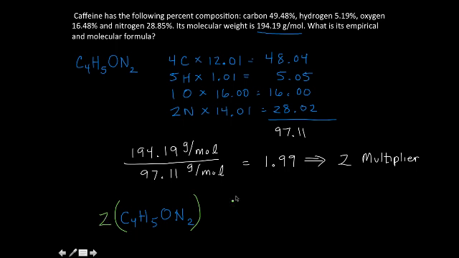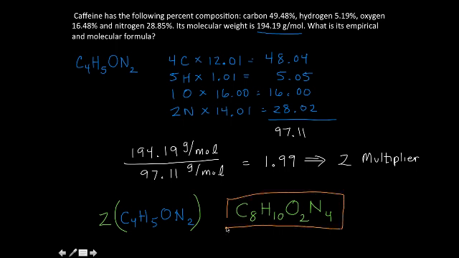So 2 times 4, now I've got 8 carbons. 2 times 5, now I've got 10 hydrogens. 2 times 1, now I've got 2 oxygens. And 2 times 2, that is 4 nitrogens. And so this here would be my molecular formula for caffeine.